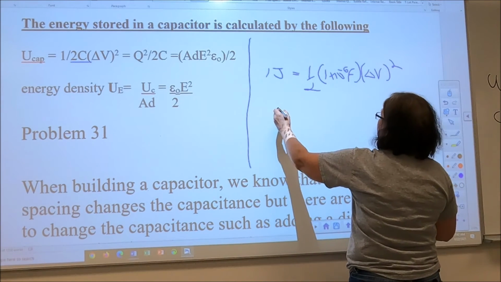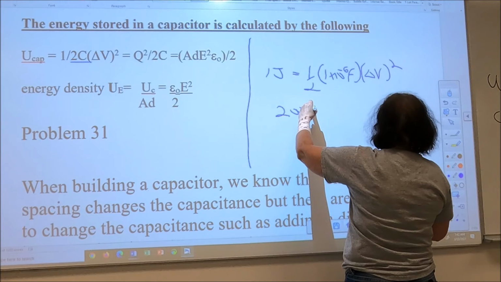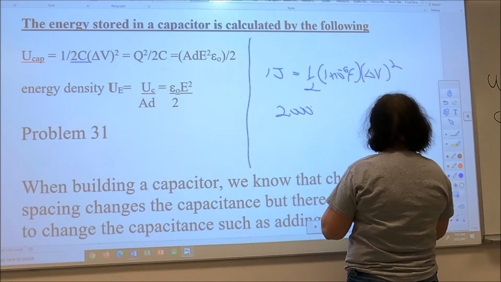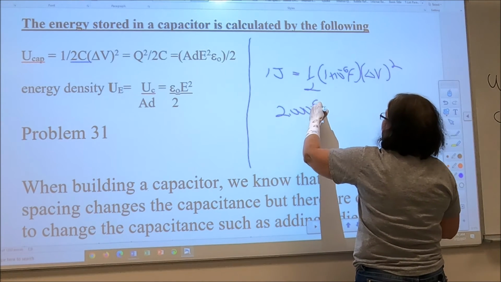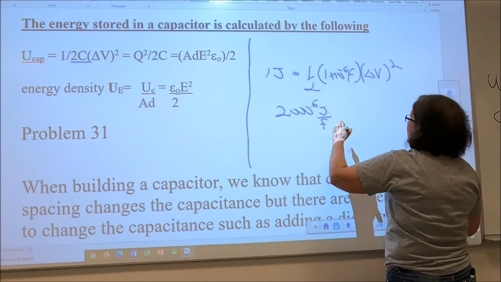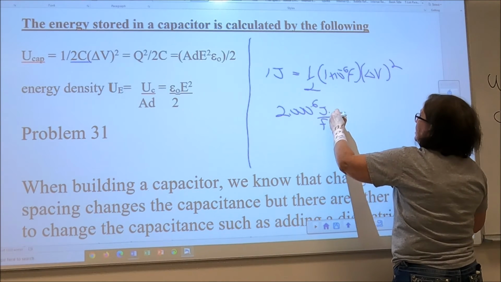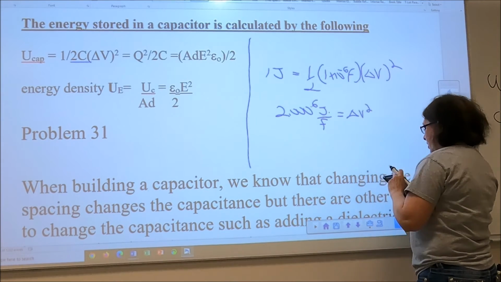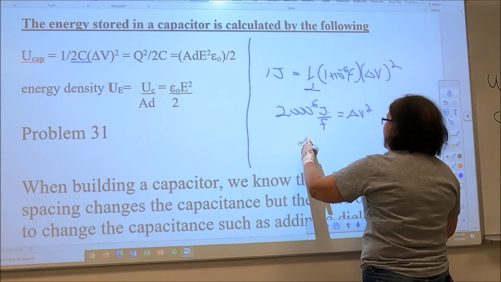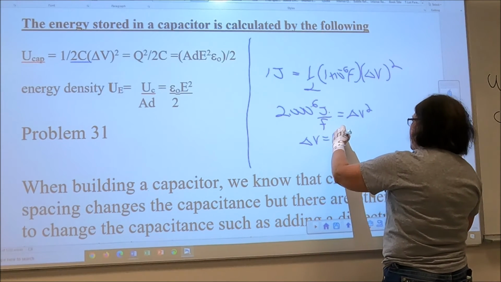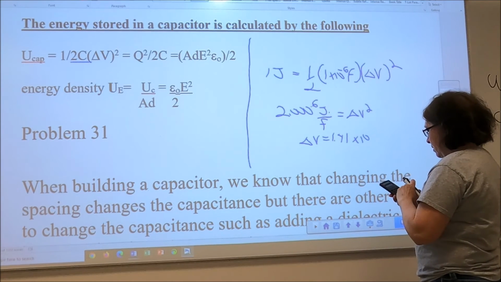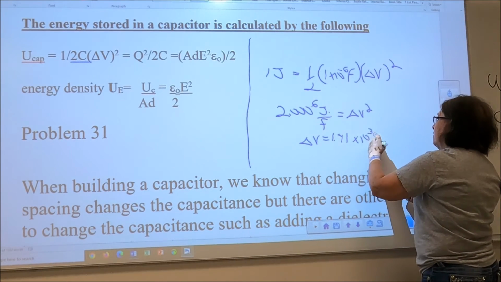So I have 2.00 times 10 to the 6 joules divided by farads, which is a volt squared, is equal to delta V squared. So I just take the square root of that, and I get delta V to be 1.41 times 10 to the 3 volts.